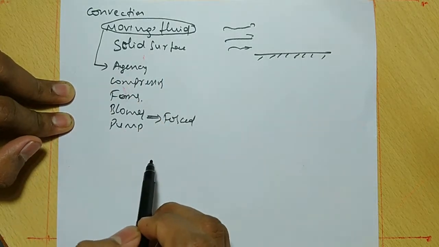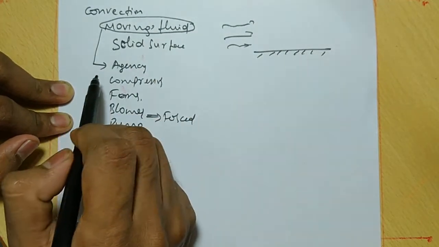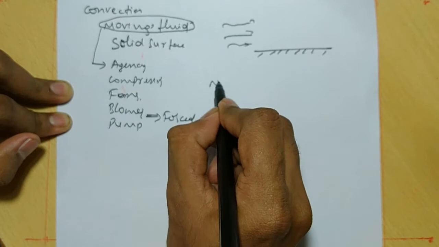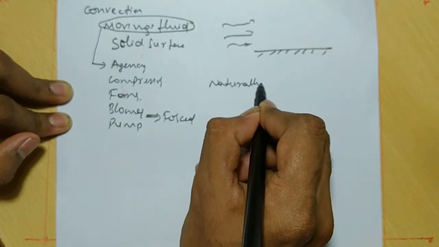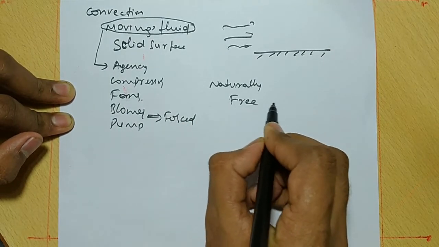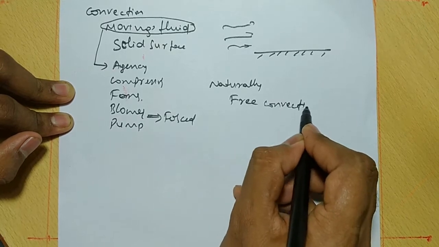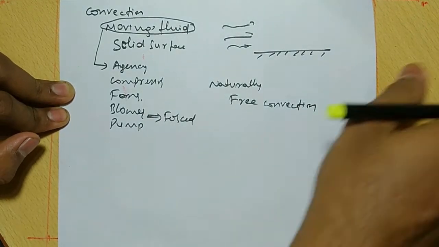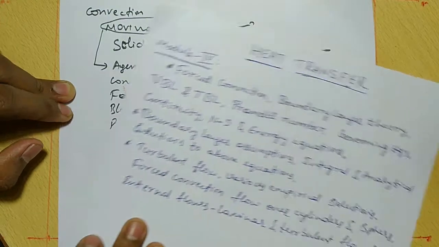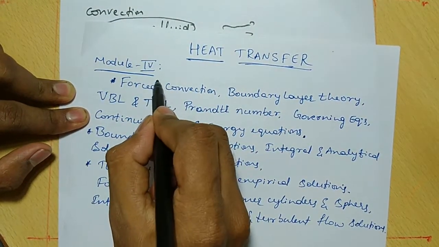Without any external agencies, if the movement of the fluid happens naturally, that one you call free convection.